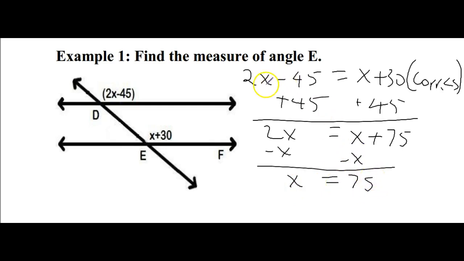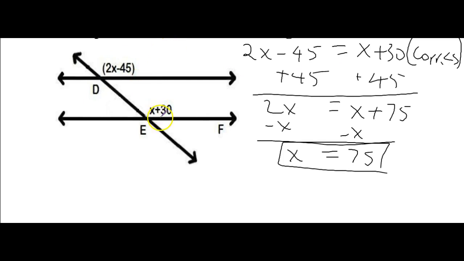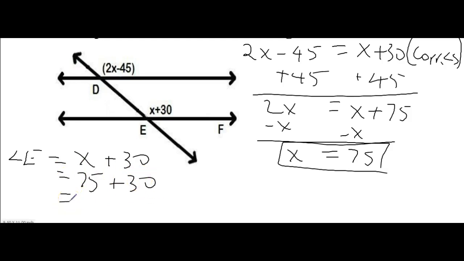And we can check it. Plug in x here, then multiply and subtract. 75 plus that, you will see that you get 105. So that checks. Since we confirm that x is 75, we can find angle E. We can use either this one or that one since they're equal to each other. So angle E is going to equal x plus 30. So x is 75 plus 30, which gives us 105.